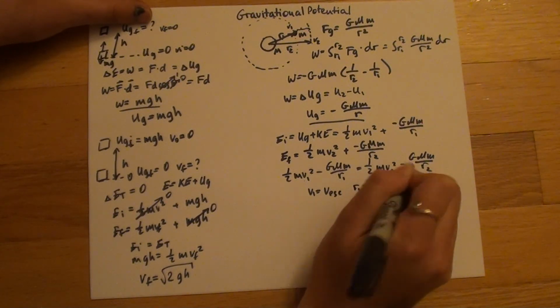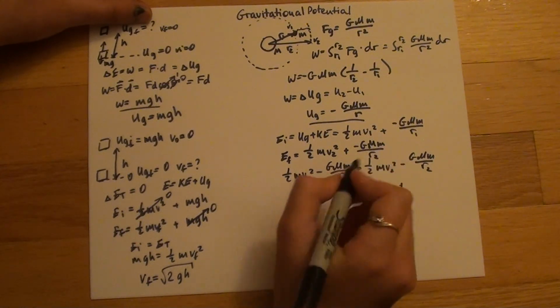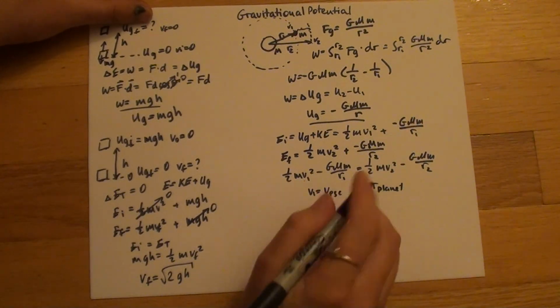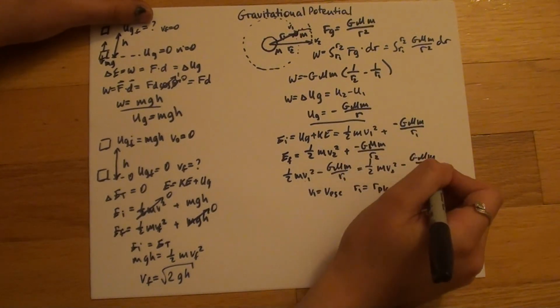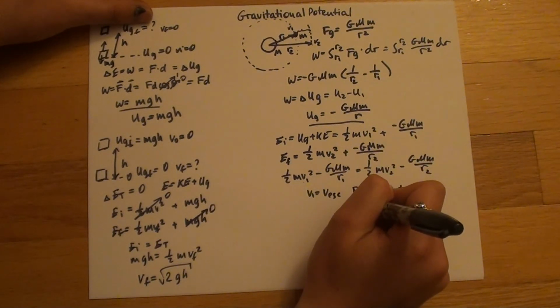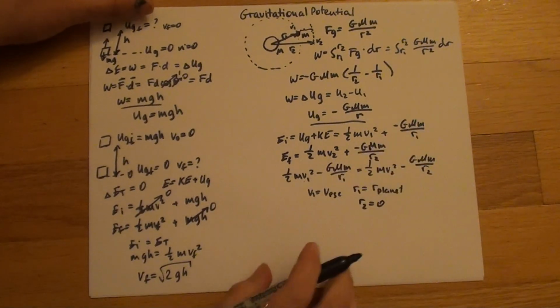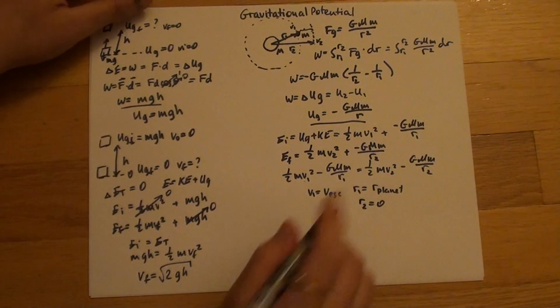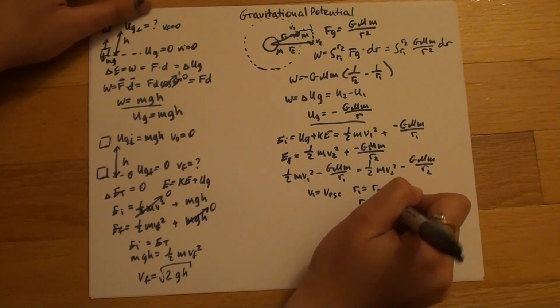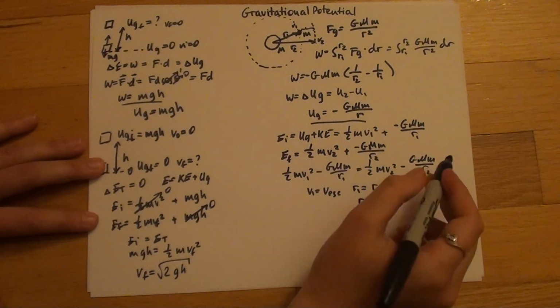But what would be our final velocity? Well, let's look at the radius first. The radius where the gravitational potential energy will be 0, that would be R2 at infinity, right? At some distance very far away, infinity, the gravitational potential will be 0.